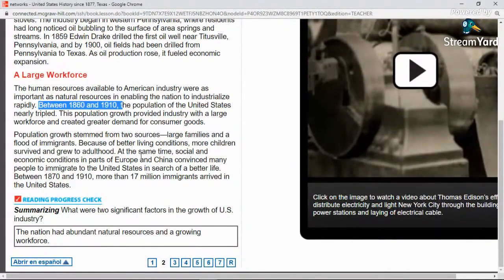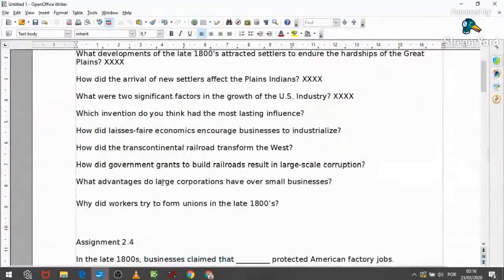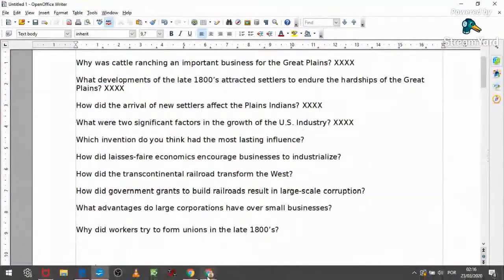One is because people had large families, and the other is immigrants. Okay, so people came from Europe and China and other places. Between 1870 and 1910, more than 17 million immigrants arrived in the United States. So we had natural resources, a lot of them, and a growing workforce. These are two significant factors. And remember, a lot of these questions that are here can also be found there.